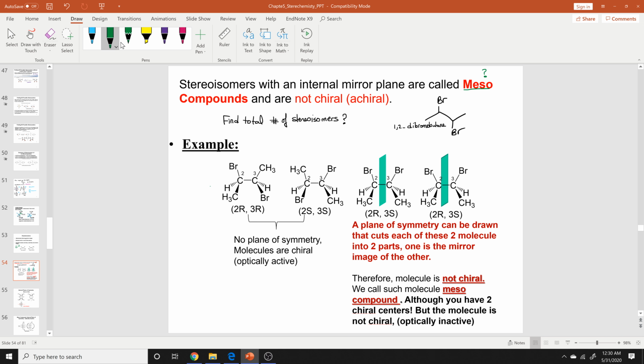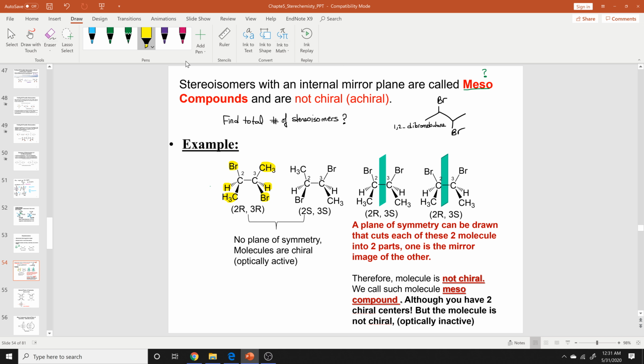So you have more than one chiral center, and you have groups that are the same. See, I have a bromine on both chiral centers. I have a CH3, I have a CH3. I have a hydrogen, I have a hydrogen. So you should have groups that are the same on both chiral centers in there.